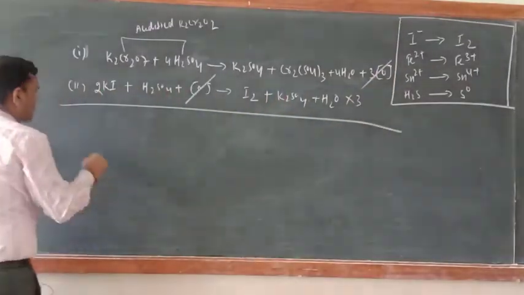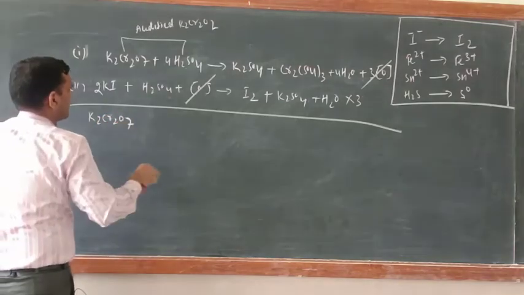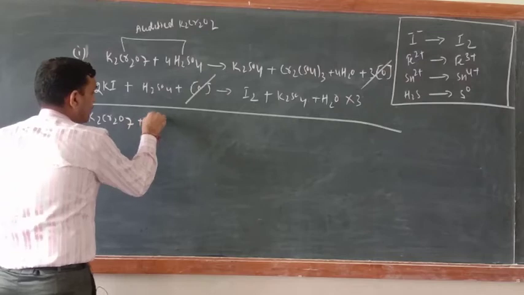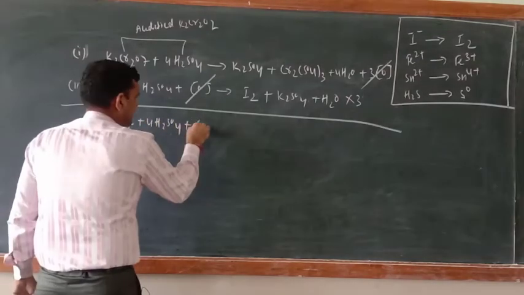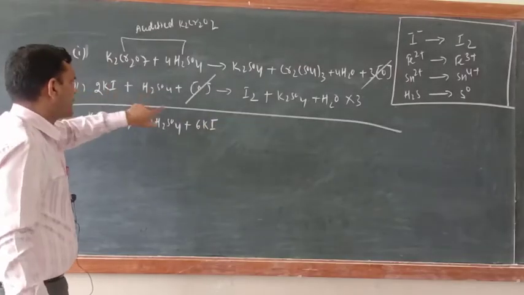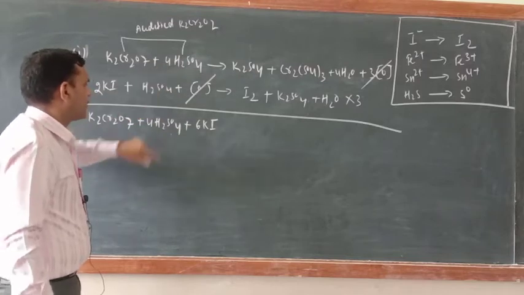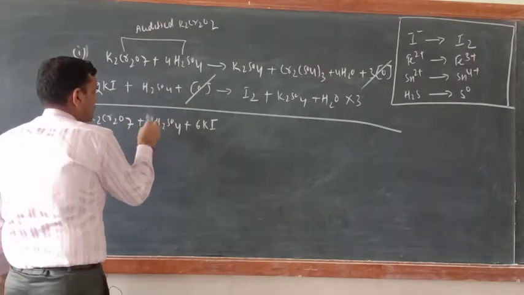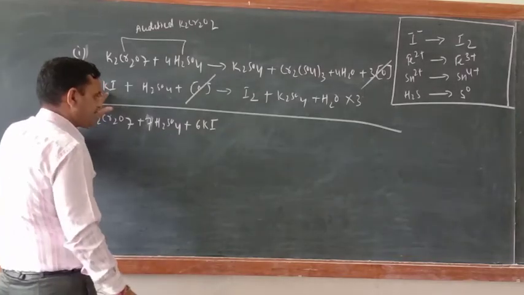Now here what is the product? K2Cr2O7 plus 4 H2SO4 plus 6 KI. Now just see, 3 and 4, what is the total number of H2SO4? 7 H2SO4 plus 6 KI.